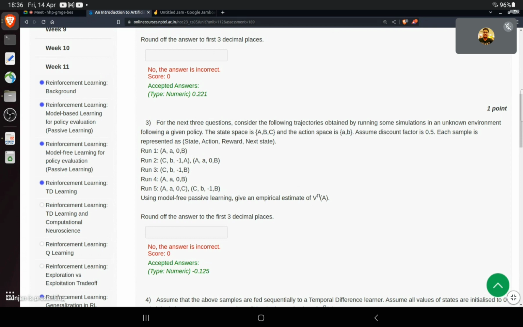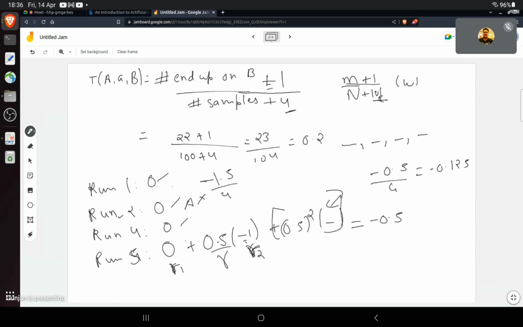Where do you use this 0.5 discount factor? This 0.5 discount factor is used at run 5. In run 5 you get reward as minus 1, right? So what did you do? 0 plus 0.5 times minus 1.